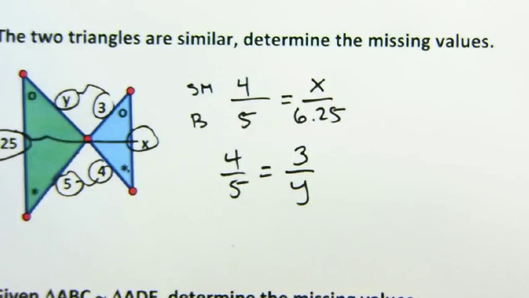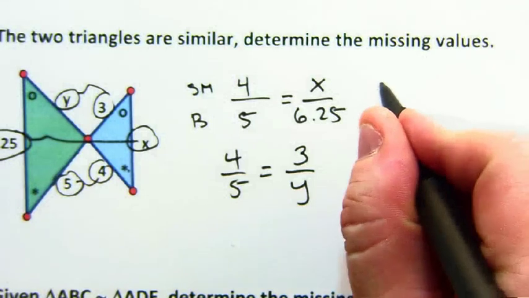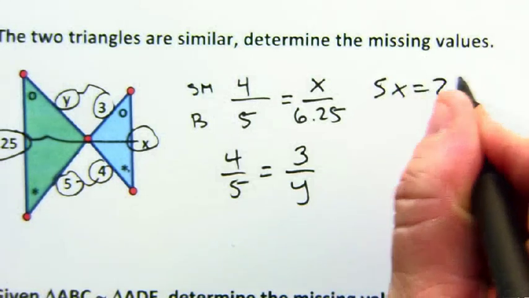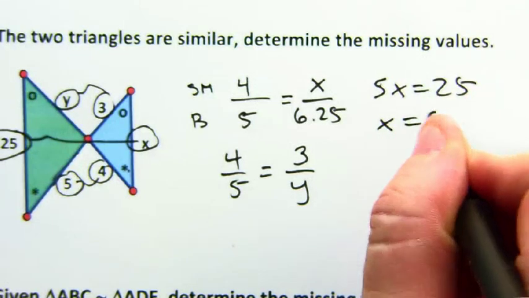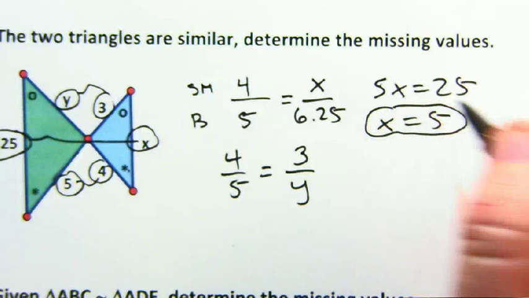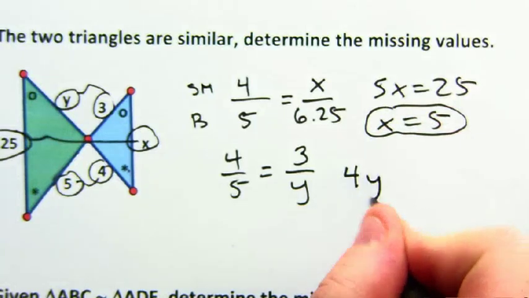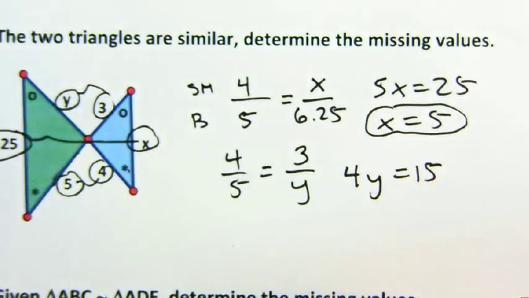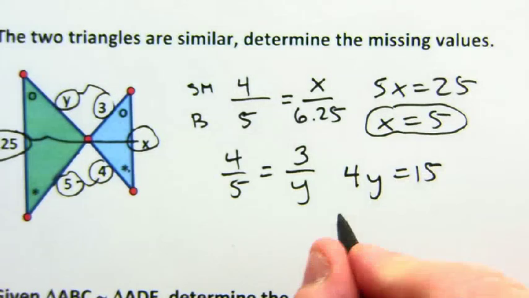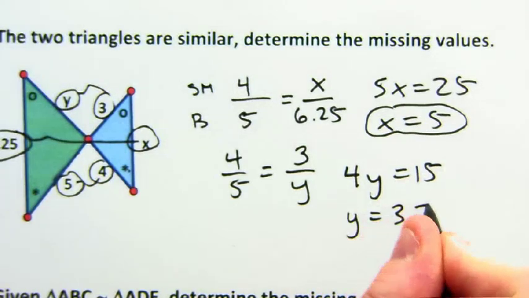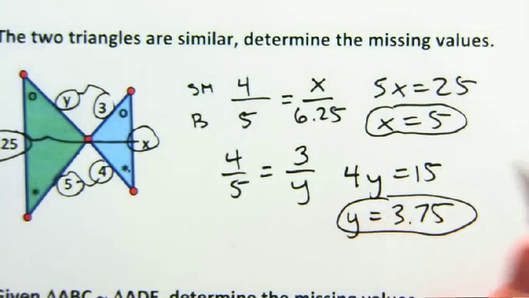When we multiply 4 times 6.25, we get 25, miraculously, and we get our friend 5 as that particular length. Here we get 4y equals 15, and when we divide 15 by 4, we get 3.75 to be our length.